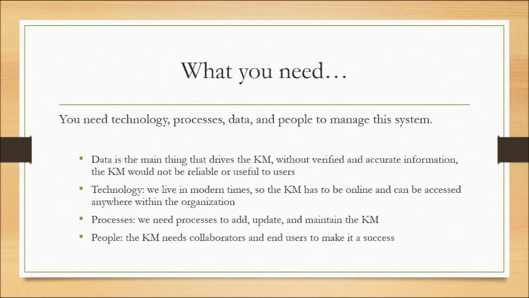Without verified and accurate information, the KM would not be reliable or useful to users. Technology. We live in modern times, so the KM has to be online and can be accessed anywhere within the organization. Processes. We need processes to add, update, and maintain the KM. People. The KM needs collaborators and end users to make it a success.